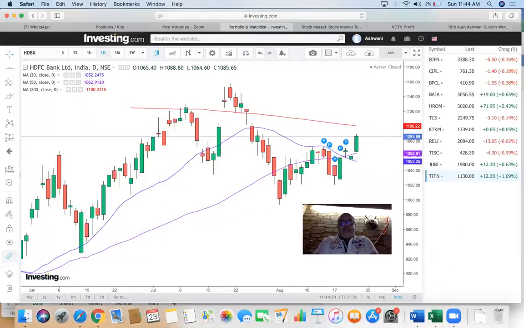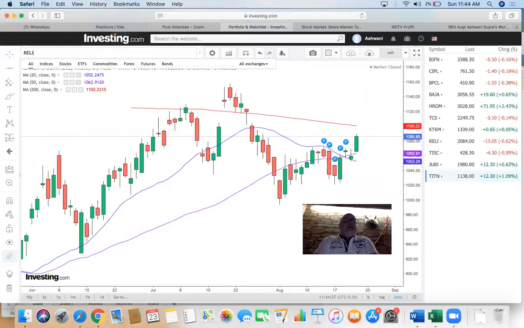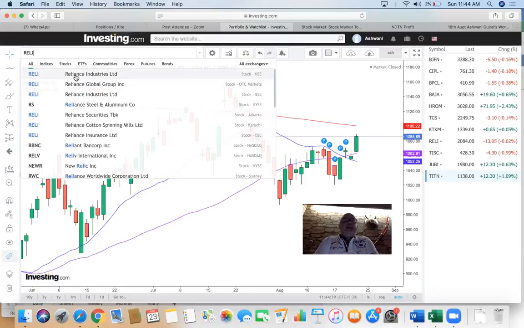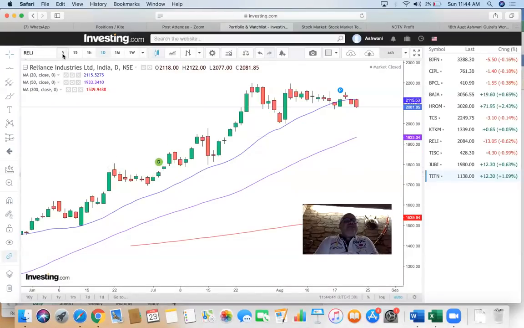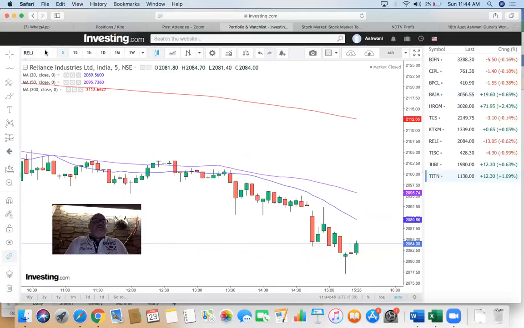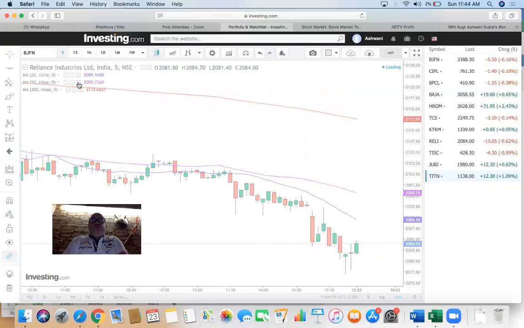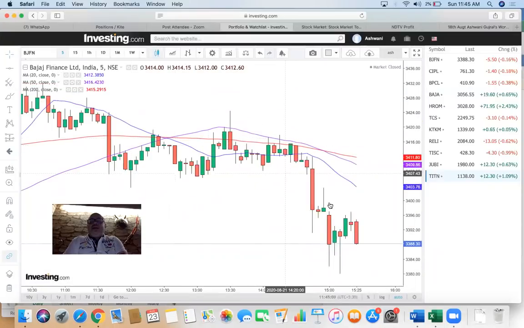Now, how do I decide that a stock is bullish or bearish intraday? If a stock is below its 5-minute 200, I will look for sell positions in that stock. So for example, Reliance is below its 200. Bajaj Finance is below its 200.